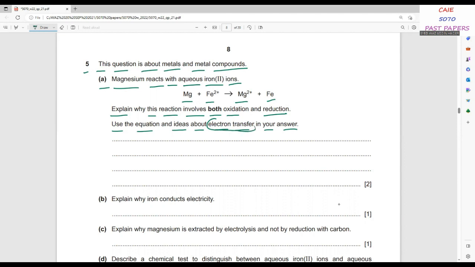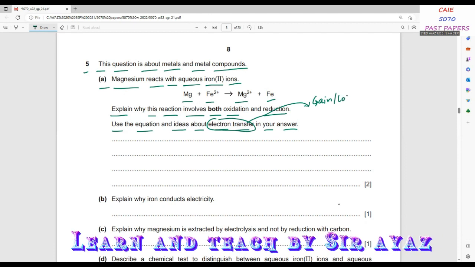Whenever they talk about electron transfer, you will refer to gain or loss of electrons. So in this equation, magnesium loses electrons.